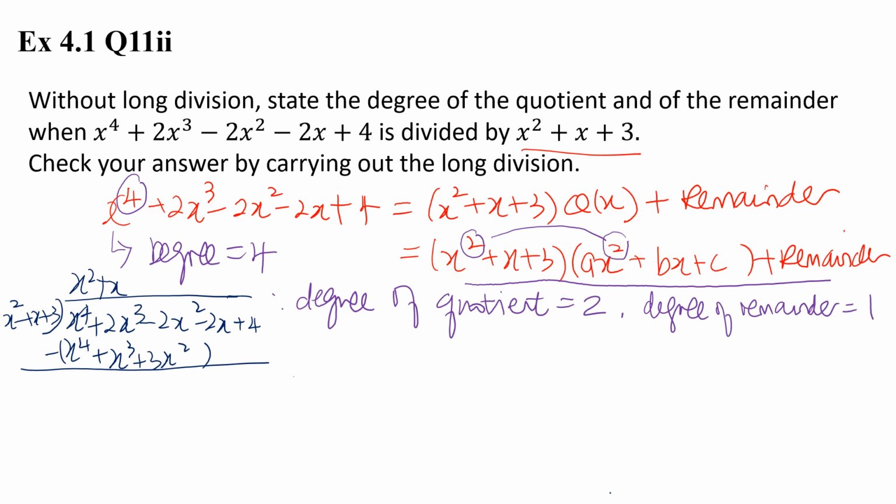Oh, x to the power 4 plus x cubed plus 3x squared. This one is wrong.